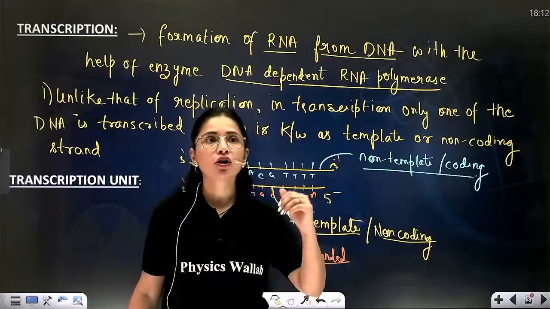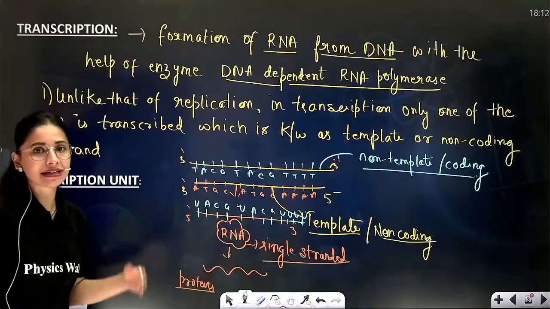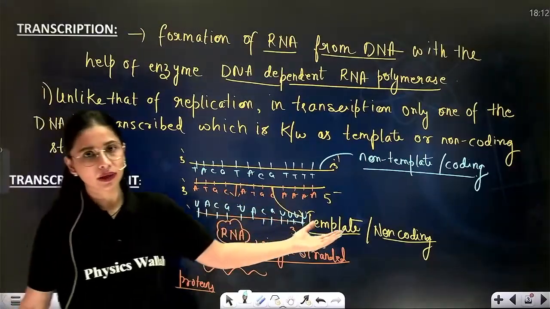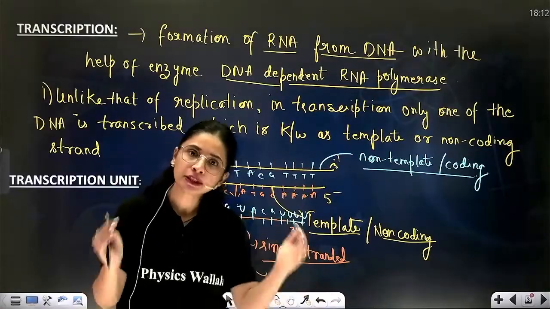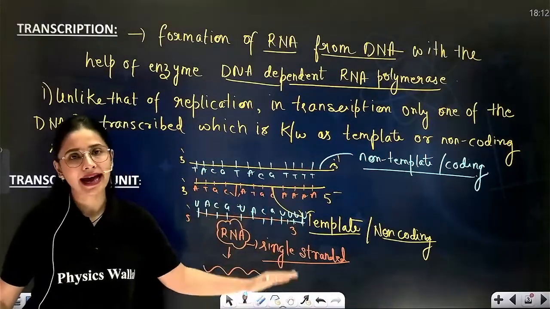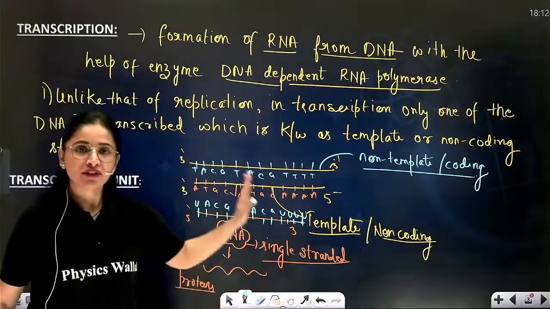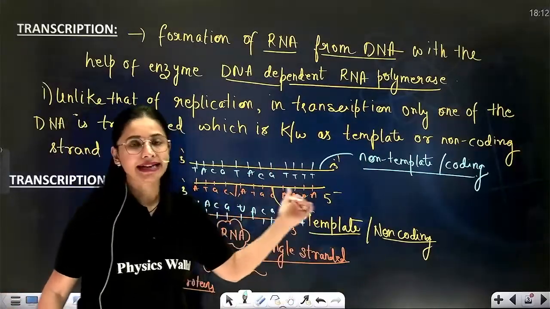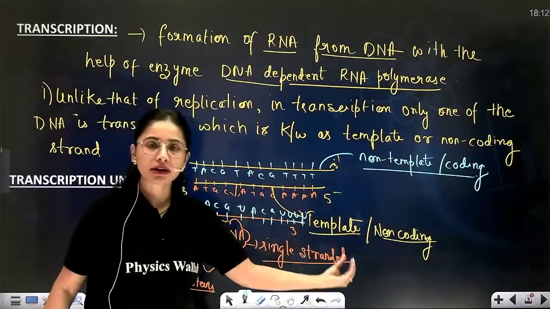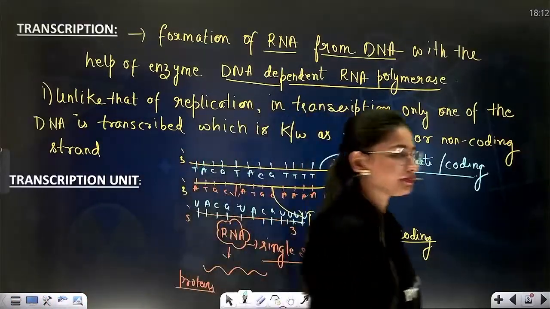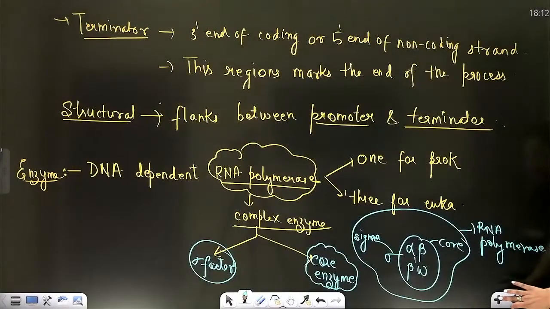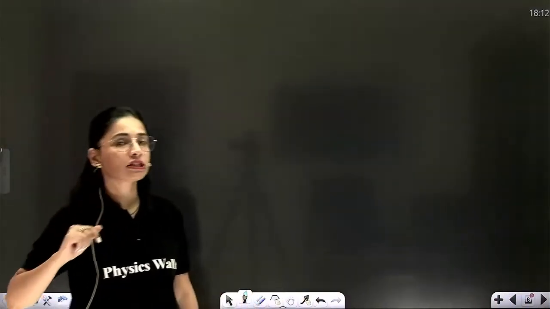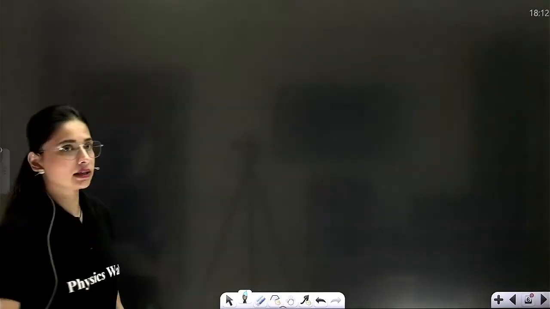Third, in understanding the transcription unit, the whole DNA does not undergo transcription. Only a segment of DNA called the transcription unit undergoes transcription, which is divided into 3 segments: initiator or promoter, structural, and then terminator. I hope you have understood whatever I have written on the screen. If yes, then let's proceed with the next concept, and then we will jump into the process of transcription.